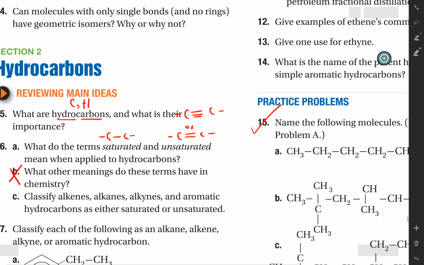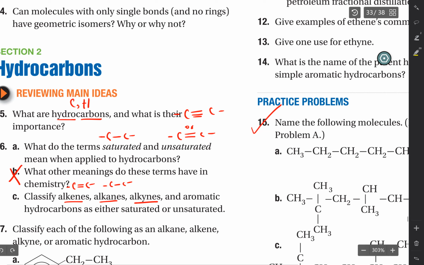It says classify alkenes, alkanes, alkynes, and aromatic hydrocarbons as either saturated or unsaturated. Alkenes are hydrocarbons which have a carbon-carbon double bond, so this one is unsaturated. Alkanes are hydrocarbons which have only single bonds between the carbons, so the alkanes are saturated hydrocarbons.